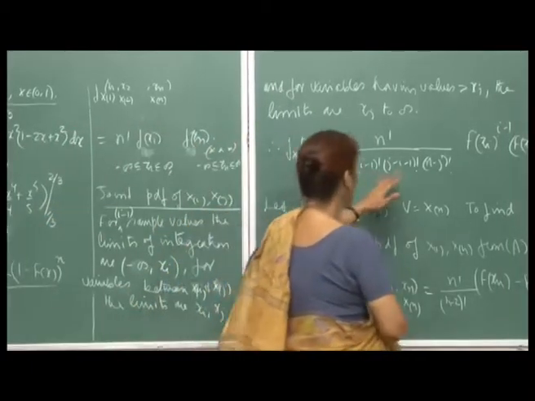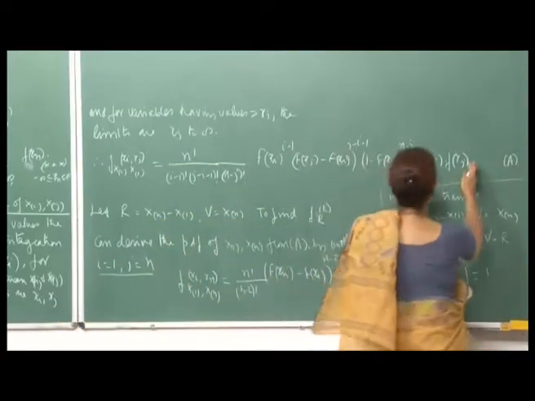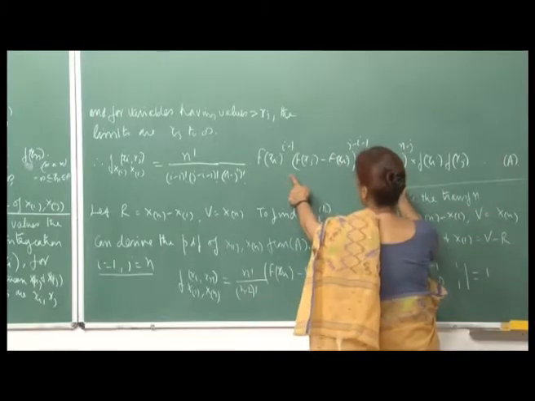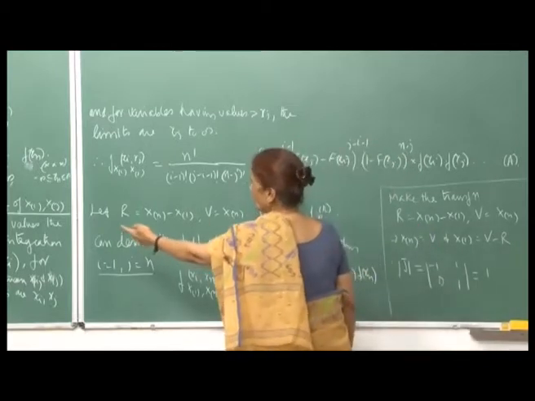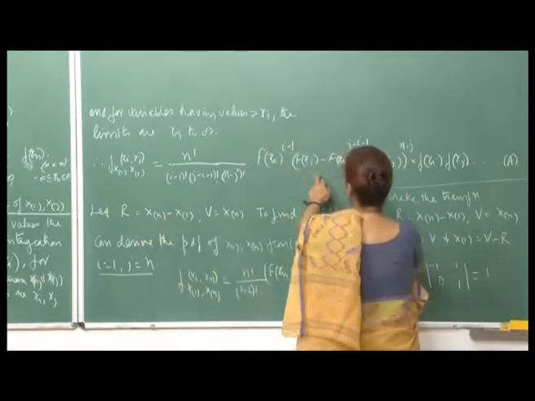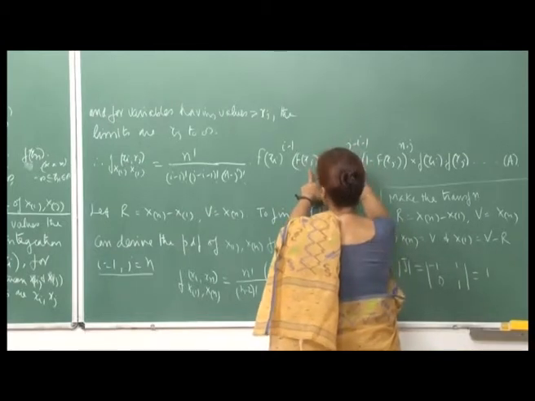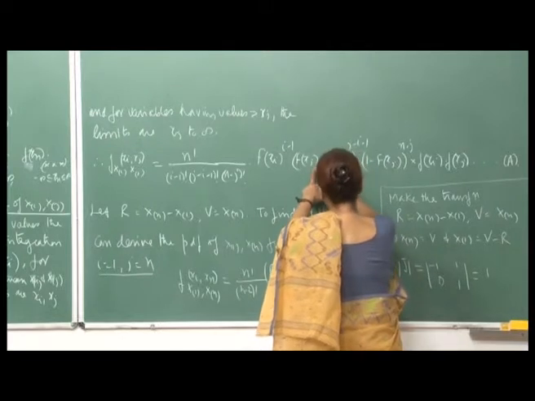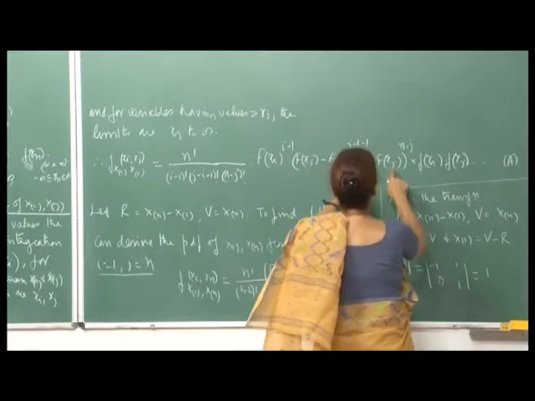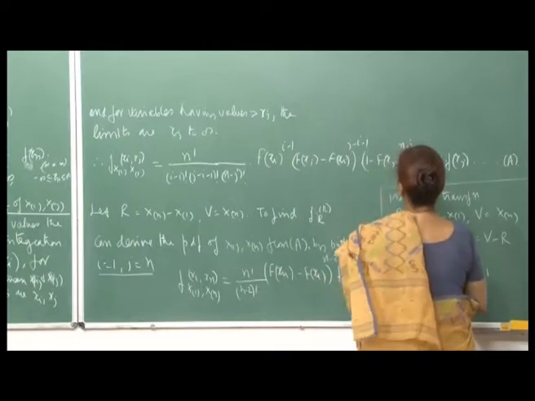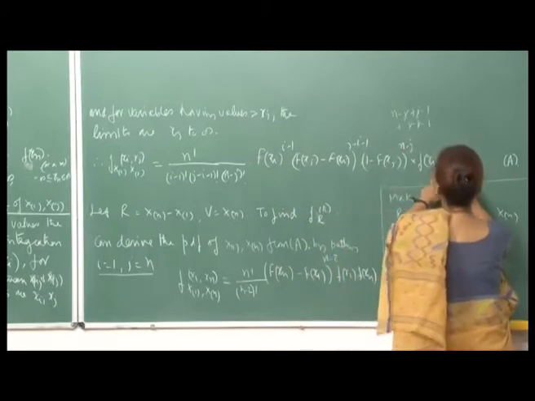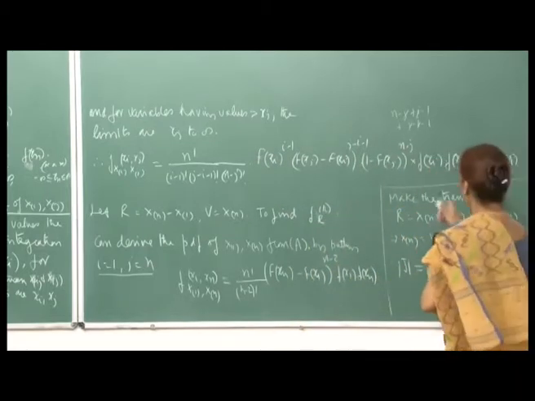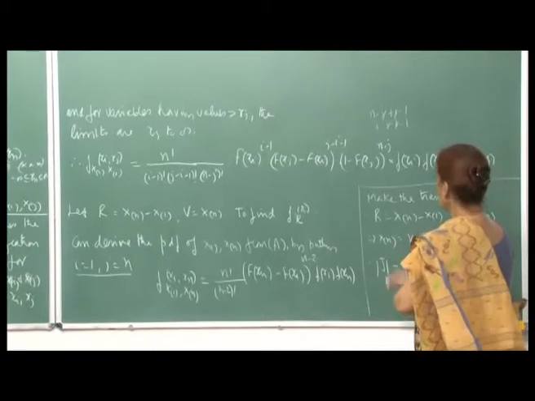So, here also we have done the same, and therefore, these remain intact, and for the remaining, this is f x i raised to i minus 1, because you are integrating from minus infinity to x i, and for variables between x i and x j, you are integrating from f x i to f x j. So, this is j minus i minus 1, and this is 1 minus f x j raised to n minus j. So, these add up to n minus 2, and then you have the remaining 2 densities at x i and x j. So, this will give you the joint density function.